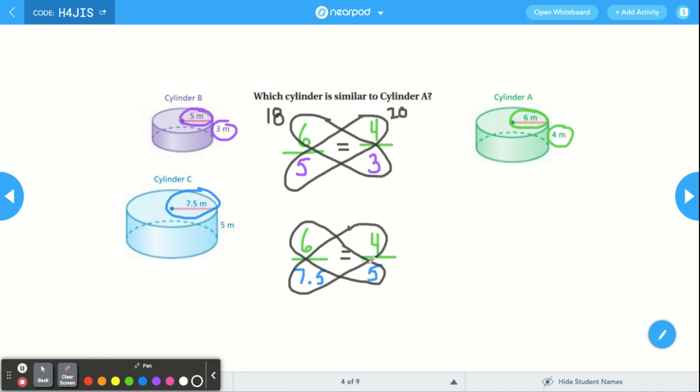All right, so I got 6 times 5, which is 30. And then using a calculator to multiply 7.5 times 4, I see I also get 30. So I could tell that cylinder A and cylinder C are similar solids. Their corresponding side lengths are proportional.